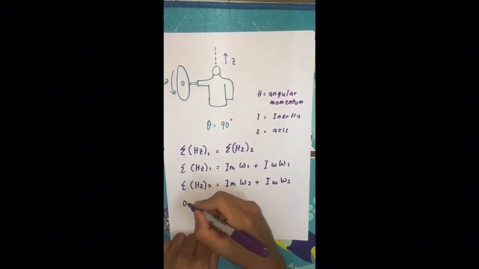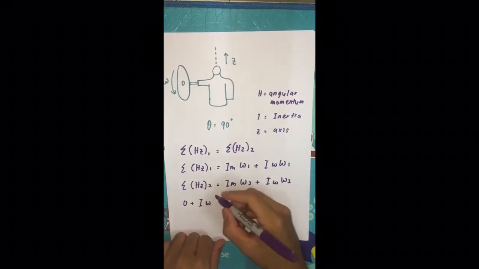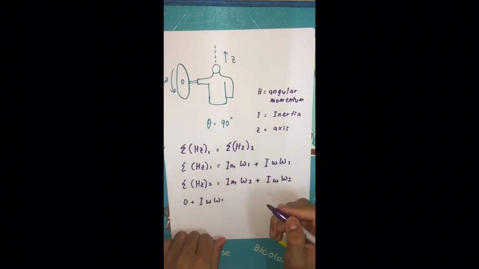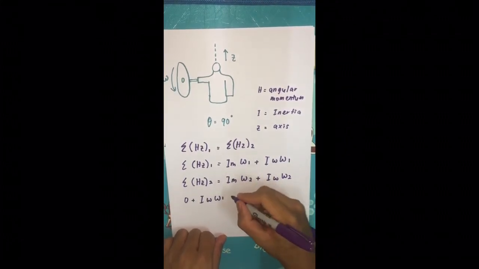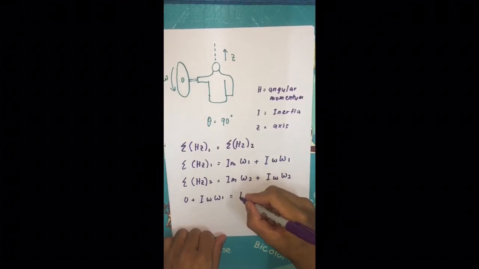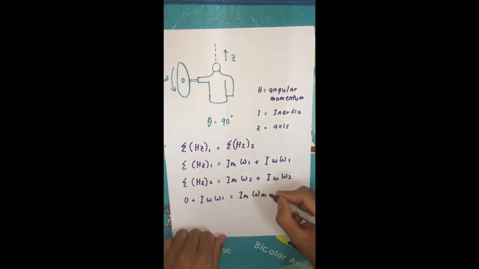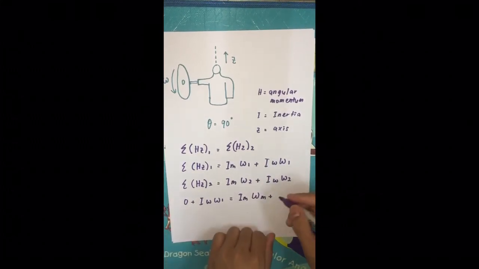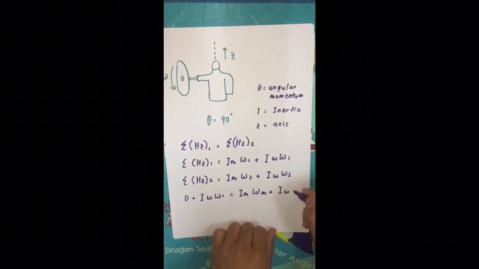So this one is 0 plus I_w omega 1 equals Im omega m plus I_w omega 2.